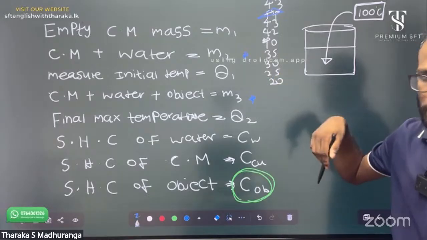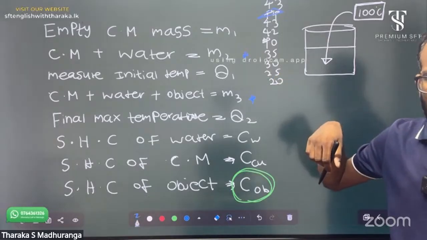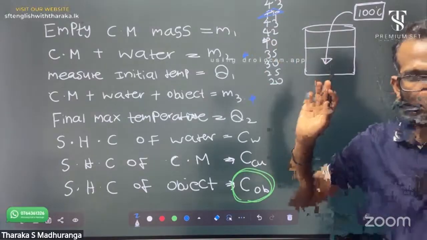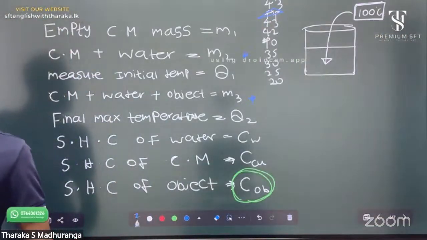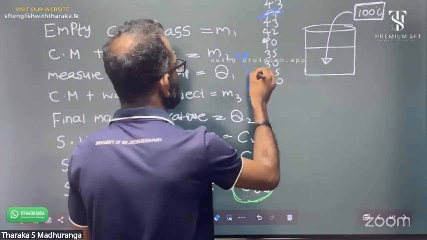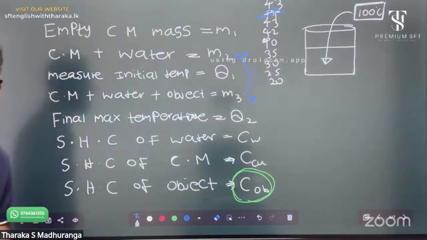If I subtract M3 minus M2, it is the object mass. Am I correct? Understood? M3 minus M2 is equal to the object mass.